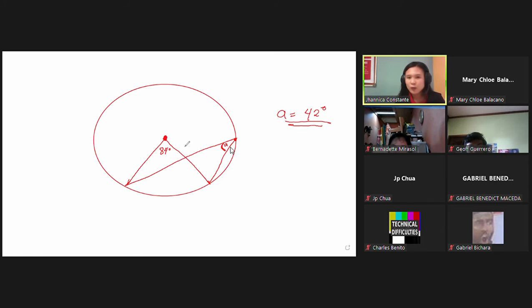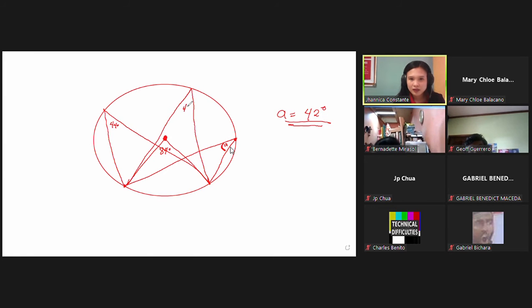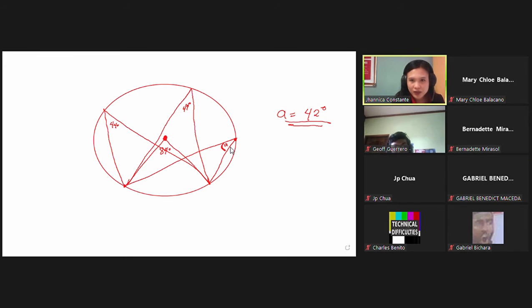It's always half. Whatever the position of the angle, as long as they are sharing the same chord, it's always half of your central angle. Okay? That's the angle at the center, the second property of circle.